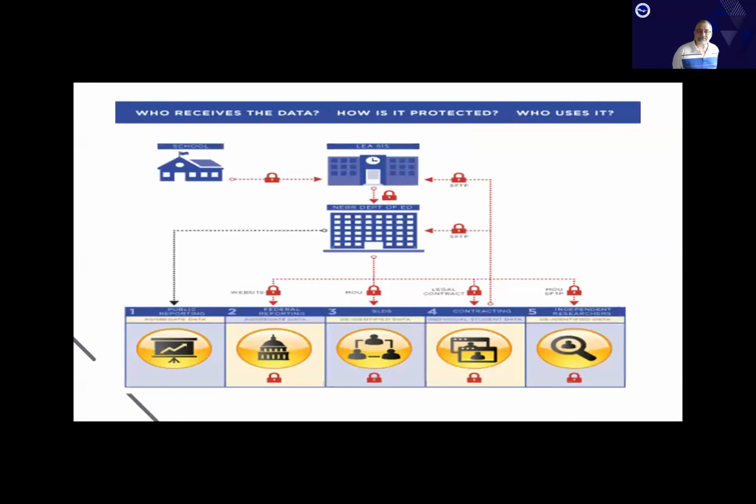Who receives the data? How's it protected? Who uses it? It's a picture that shows that the data comes from the schools, goes to the LEAs, and each one of those is secured at that point. It actually gets transmitted to the Department of Ed. And all of this is through the premise that the data specifically is protected.